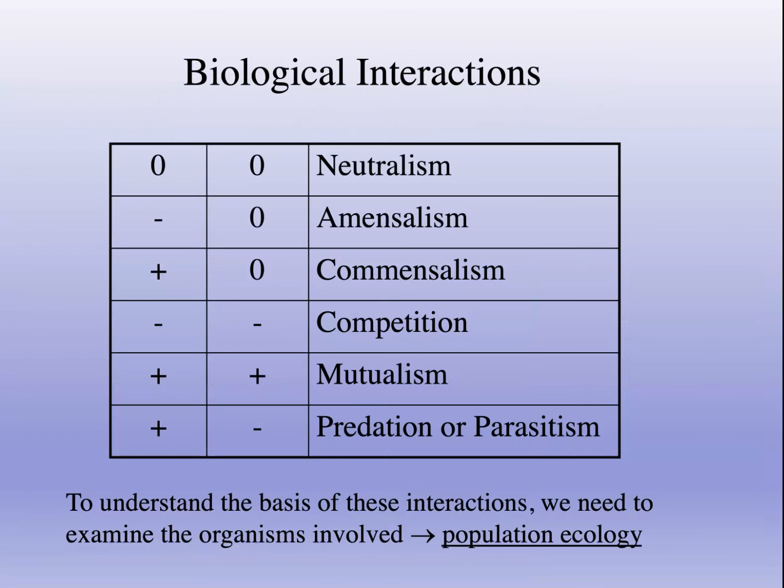All right. So as we look at communities, we're looking at interactions between different species. And so we're starting to move not just through community ecology, but also into population ecology, which again is the study of forces that regulate the size of a population in any given region.